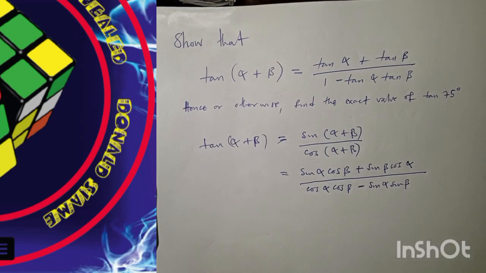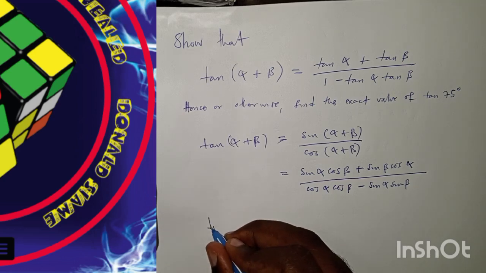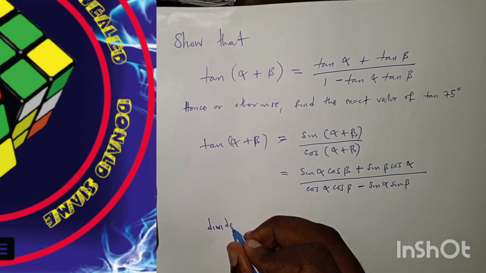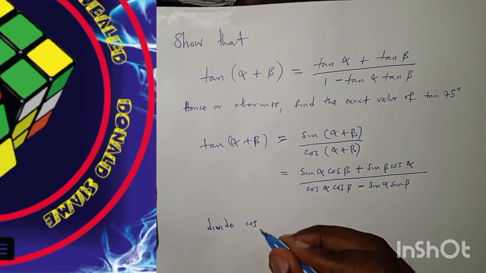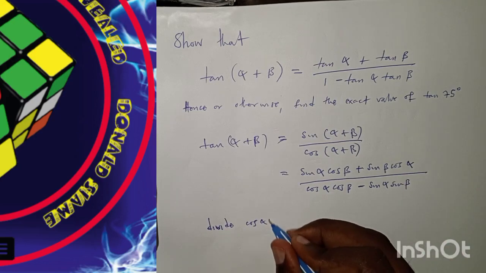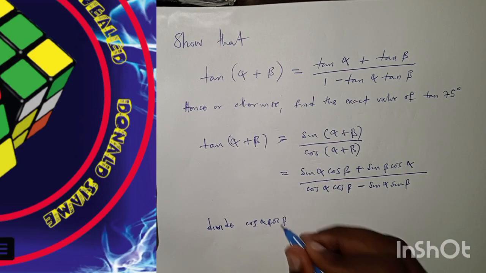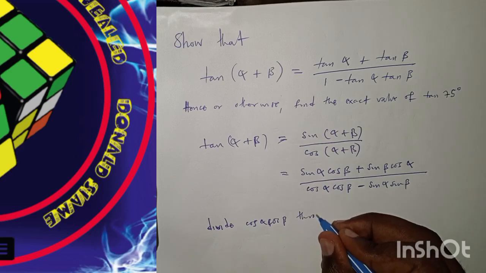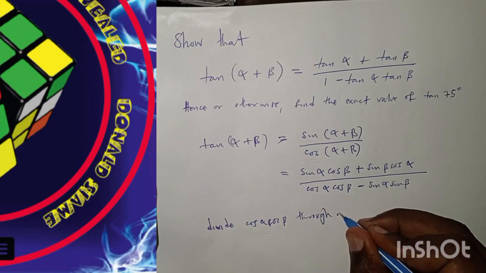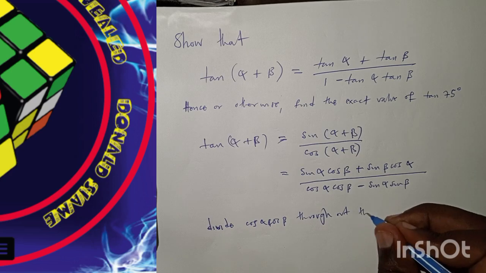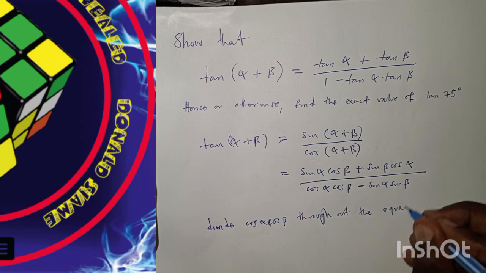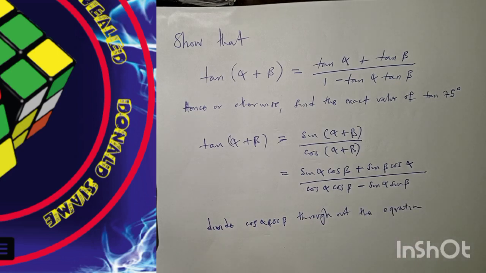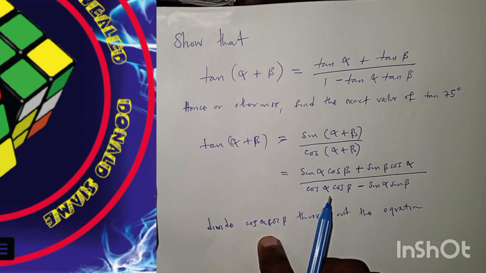So the next step is to divide cos alpha cos beta throughout the equation, so every term will be divided by this term.